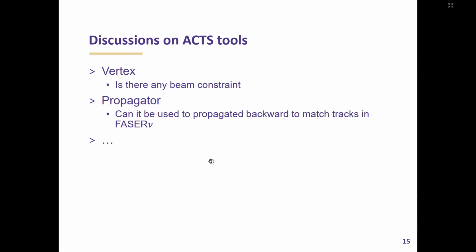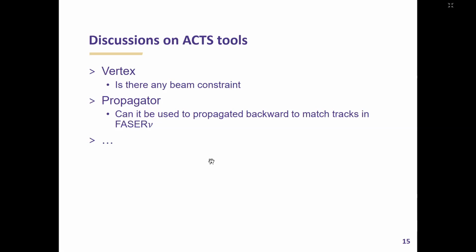Another thing we would like to discuss is the propagator. Since we have a FASER new detector in front of the tracker, we need to match the tracks, so we need to propagate backward, not forward, for the tracks. These two parts are the differences with other experiments, and it's good that we can discuss. Okay, that's all from my side.